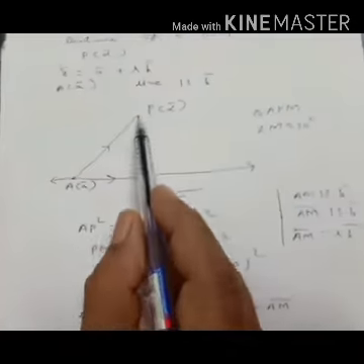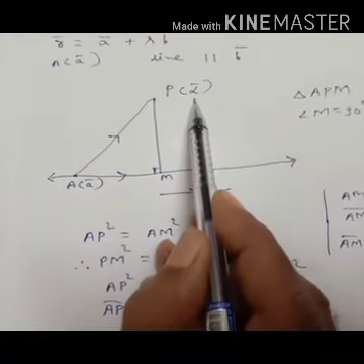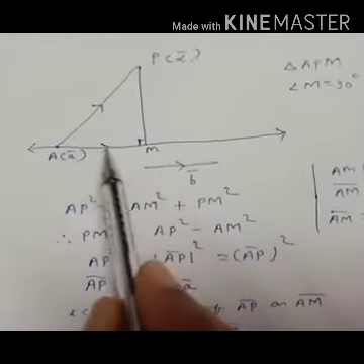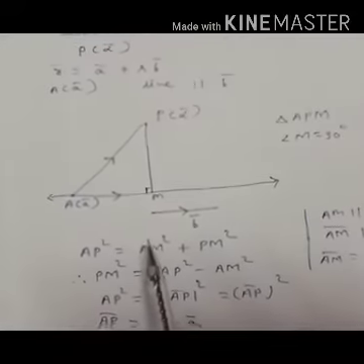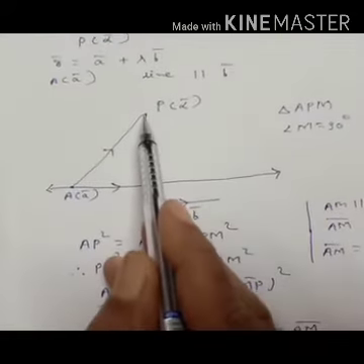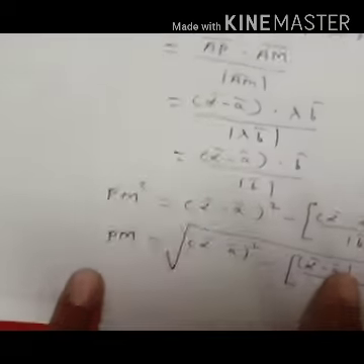Length PM is the distance between the point and the line. If we know the position vector of the point and the equation of the line in vector form, then we can find the distance between the point and the line using the formula.